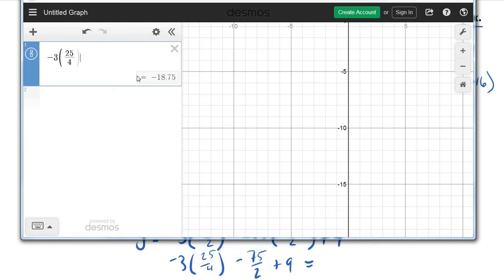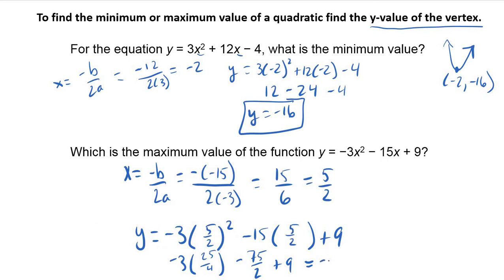And notice it's giving me a value down here, just a running total, so it's also a calculator. Minus 75 halves and plus 9. And it looks like negative 47.25. So, back down here, negative 47.25 is the maximum value there. That doesn't feel right though.